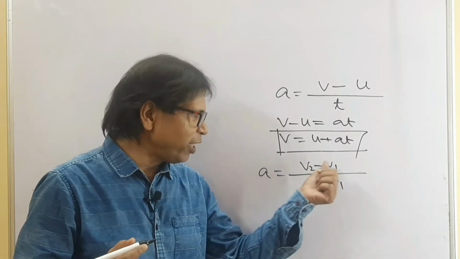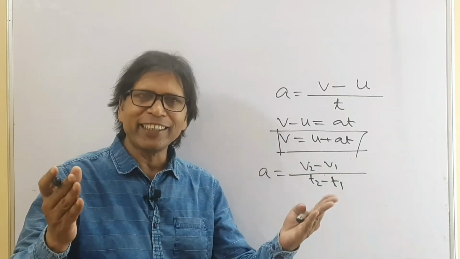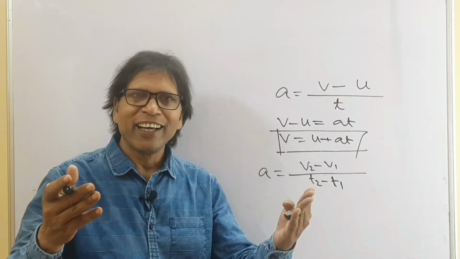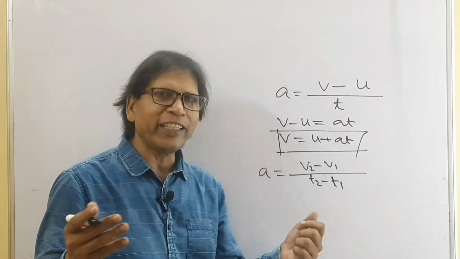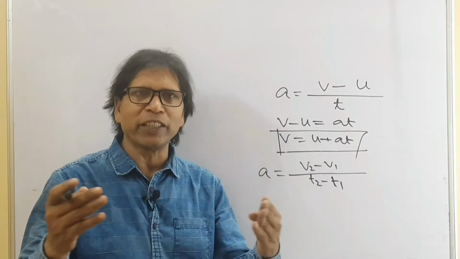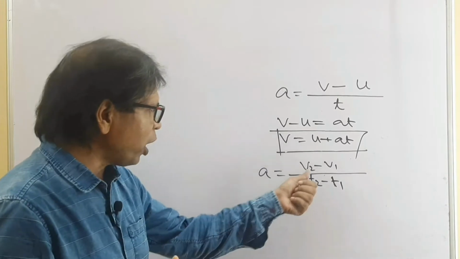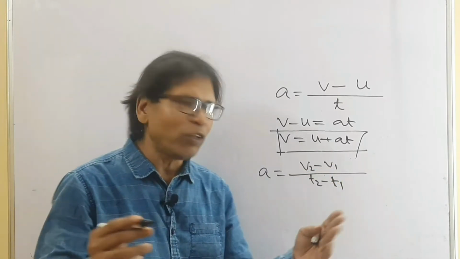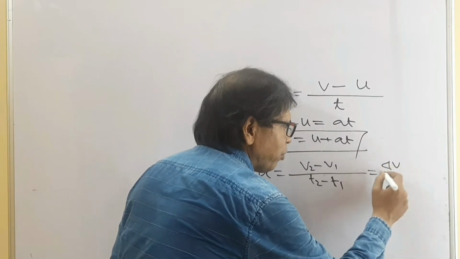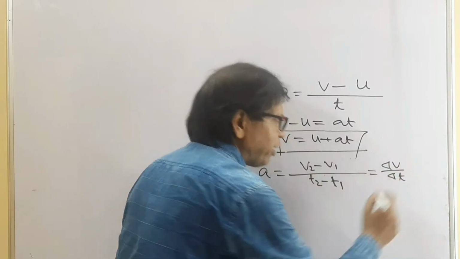If v2 less than v1, then acceleration is negative, called retardation. During retardation, the velocity and acceleration are in opposite direction. If v2 equal to v1, then acceleration is 0. So this can be written as delta v by delta t.